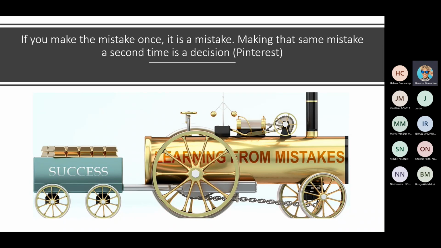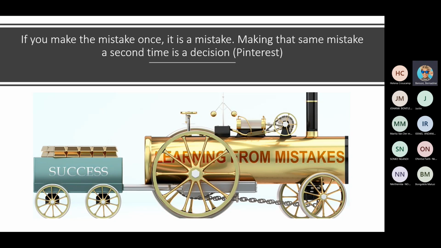Now, if you make a mistake once, it's a mistake. Anybody can make a mistake. Making that same mistake a second time is a decision. So put that in the back of your head and remember it for your own life, my own life, but also going forward in investigation.